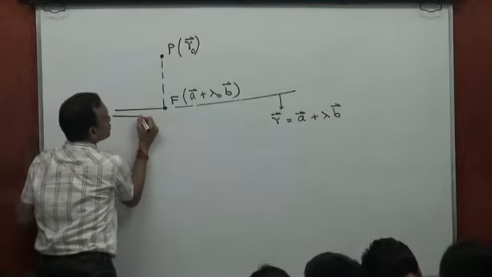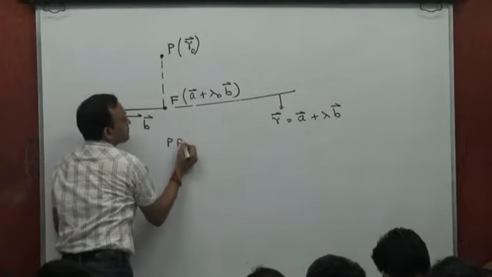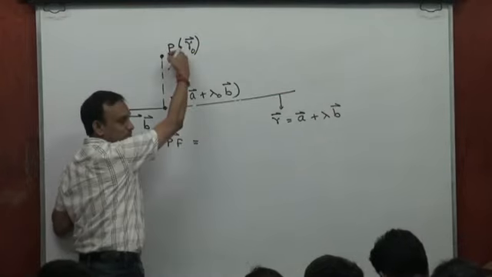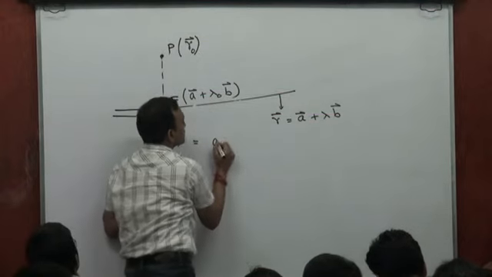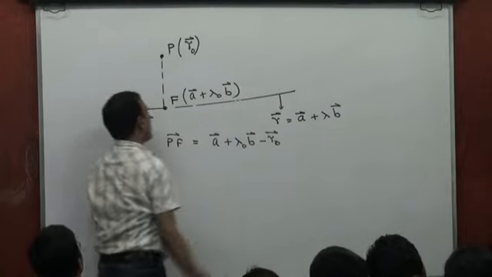B is a vector parallel to the line. What's the vector PF? The vector PF is the position vector of F minus the position vector of P, which is A plus lambda naught B minus R naught. That's the vector PF.